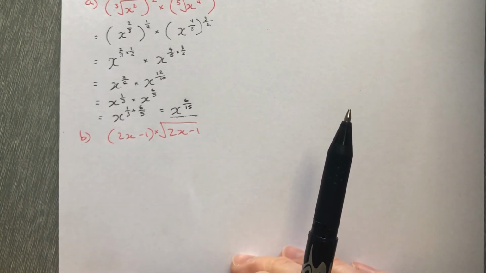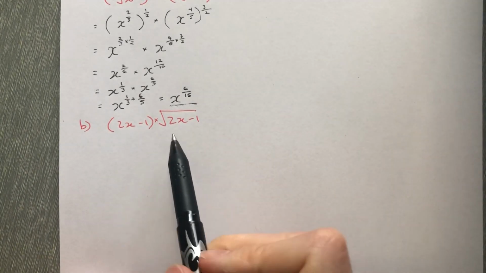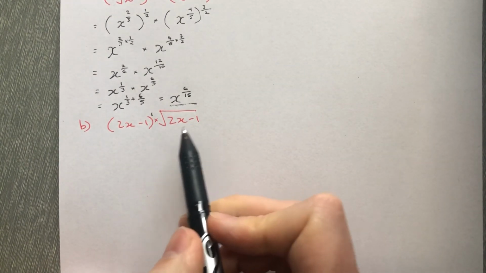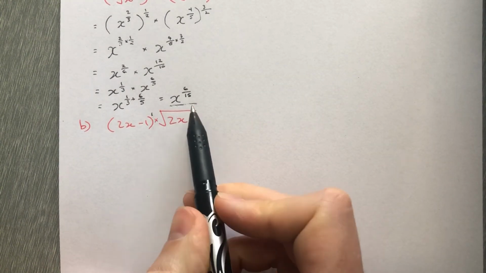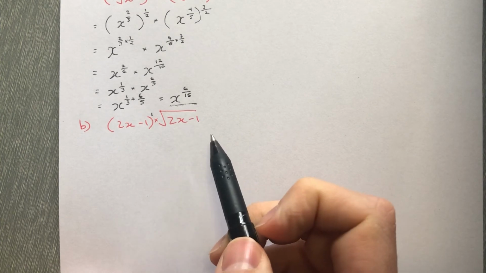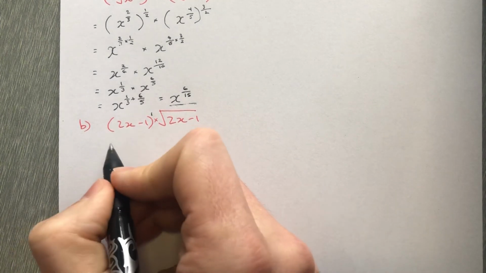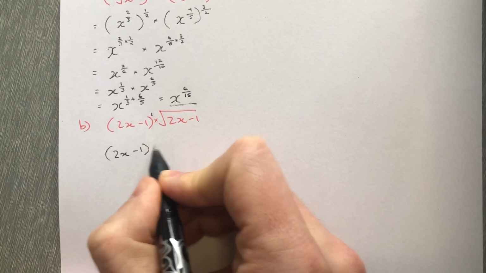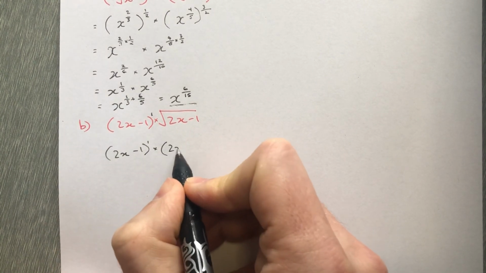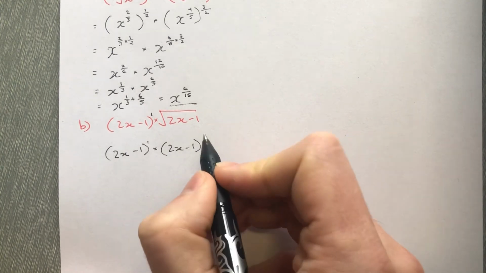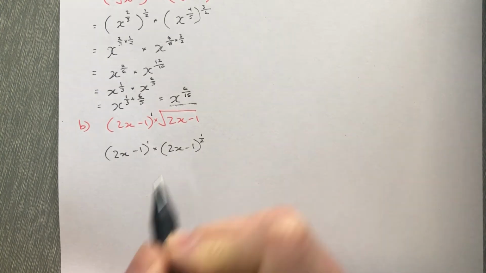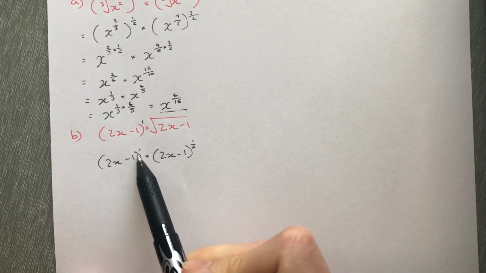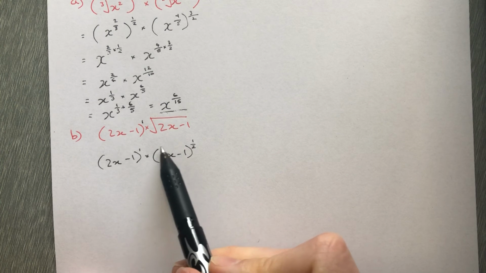Now, as we can see, this one would just be to the power of 1. And this one over here, we've got a square root. Square root, remember, is the same as to the power of 1/2. So let's change it to that for now. Cool. Now what I can see is that this is the base here and this is another base here.